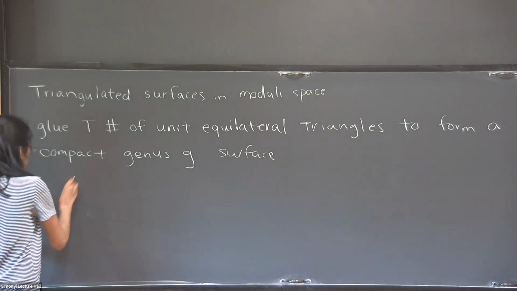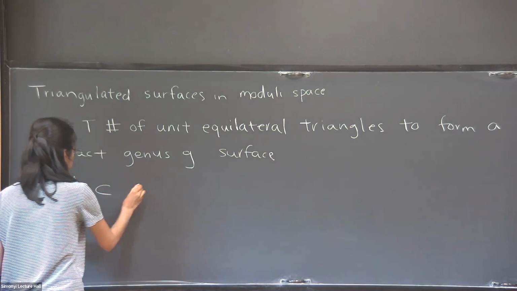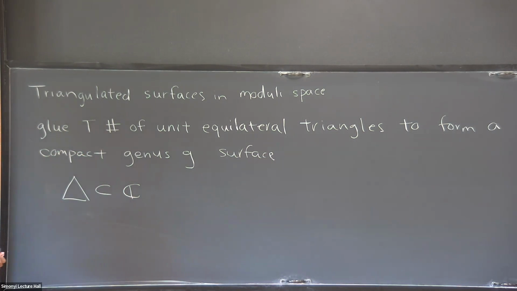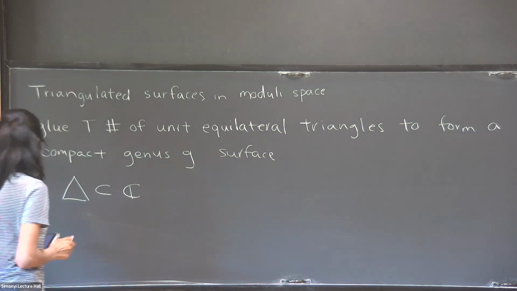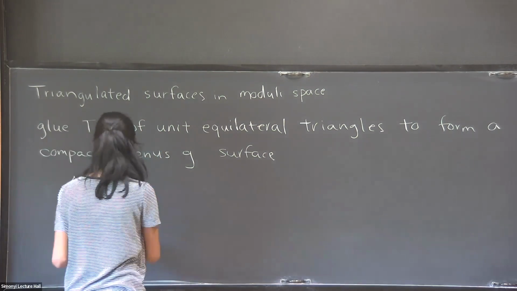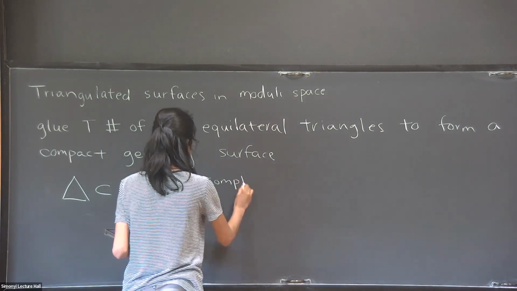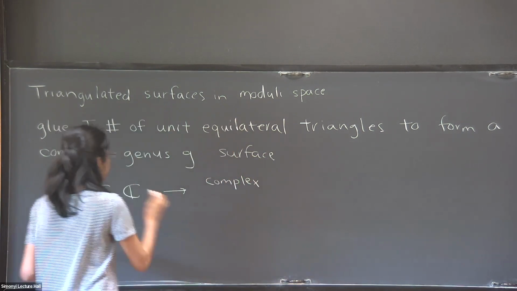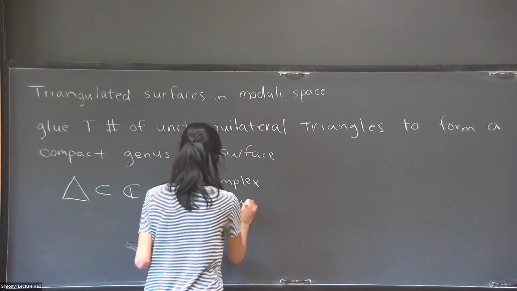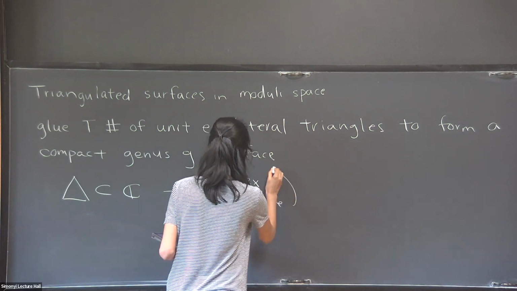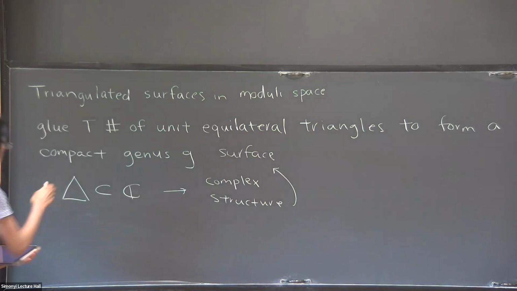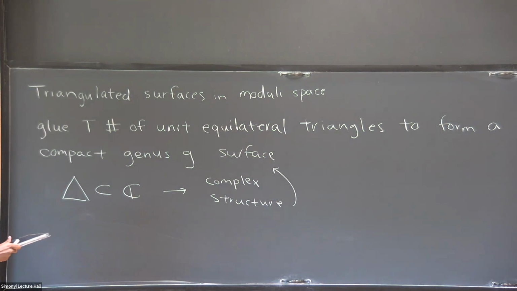And viewing each triangle as embedded in the complex plane, we have a complex structure on the surface, which is preserved by the gluing and extends over the vertices, which are a discrete set of points.